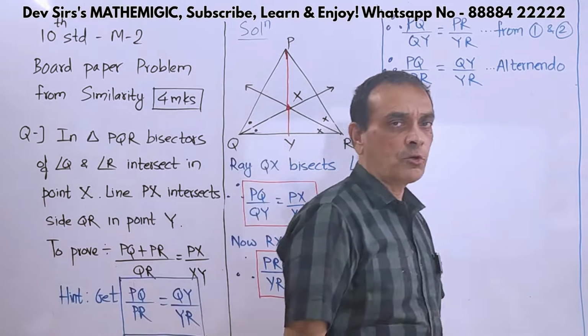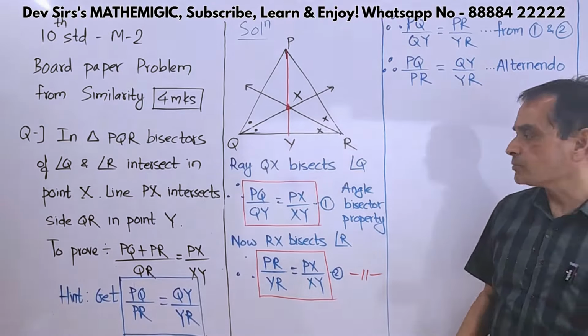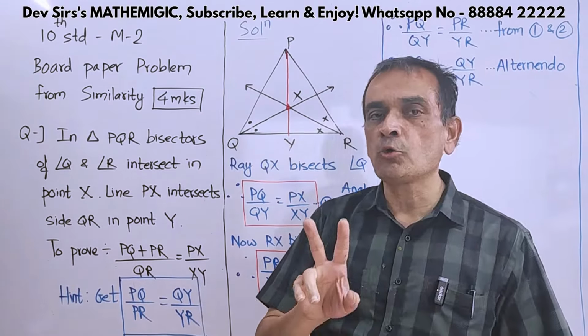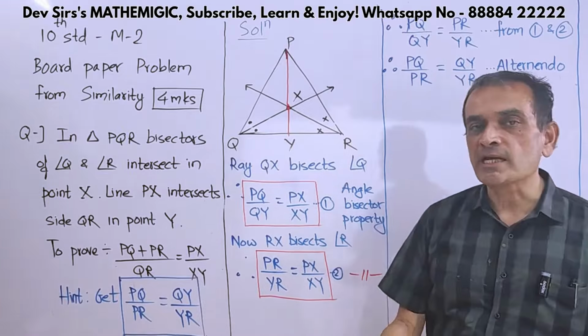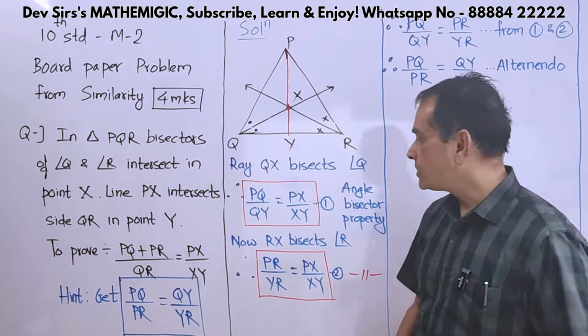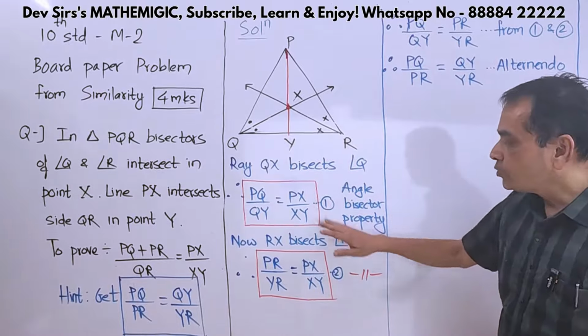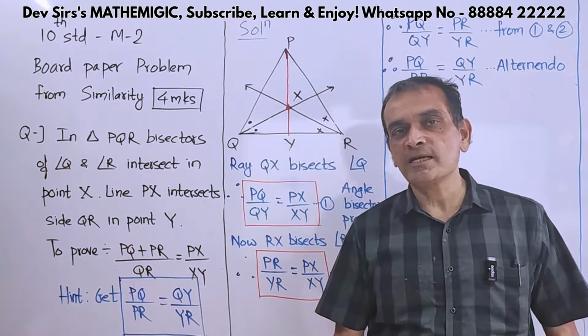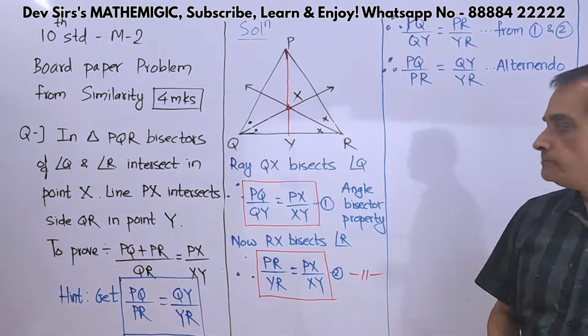I repeat, we have done 1 or 2 sums similar to this from the textbook. Now whenever you use angle bisector property 2 times, we have to use transitivity. Transitivity is our favorite thing. What is that? When you get 2 equations, just search for the equal right hand side or left hand side. Common thing.